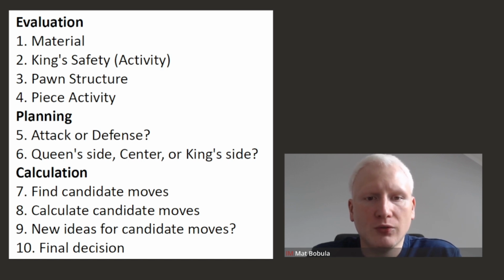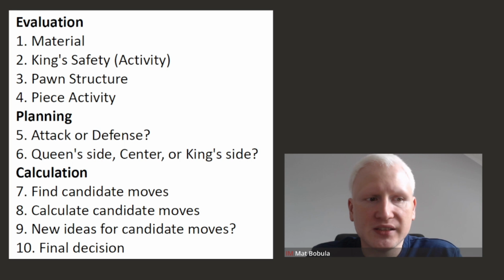Okay, and later, once you know what plan you are going to pick, you have to decide in what area. So you have to decide whether you are doing something on the queen side, center, or king side. So for example, if you see that the opponent has got a weak isolated pawn at b3, and you have got more active pieces on the queen side as well, so those are two very powerful advantages, then of course your plan should be to attack on the queen side, right?